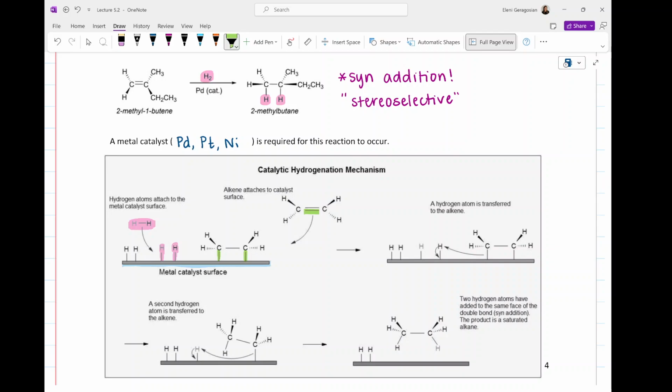So then when you have both hydrogen atoms and what was the alkene attached to the catalyst surface, new bonds can be formed. Now these are drawn like this first image where I have all these different colored highlights. The alkene and the hydrogen atoms are drawn far apart, but remember that these are so small, they can get very close to each other.